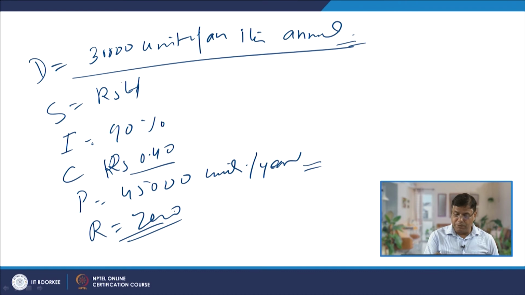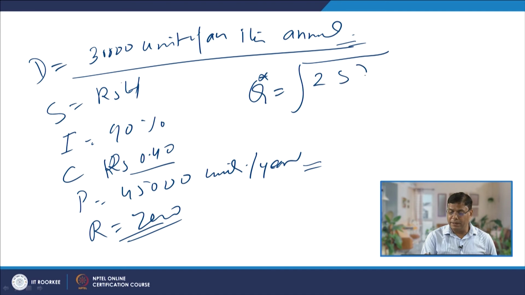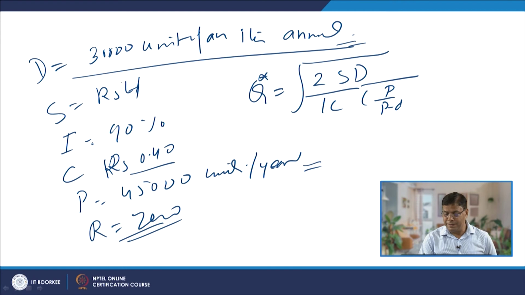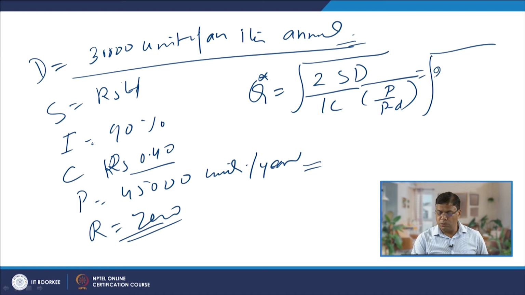So, if we have to determine the economic order quantity using the gradual replenishment model, then it is square root of twice S D by I C into P divided by P minus D. Here all the quantities are known to us: twice of S is 4, D is 30,000 units annual demand, I is 0.9, C is 0.4 and the production rate is 45,000 divided by 45,000 minus 30,000.